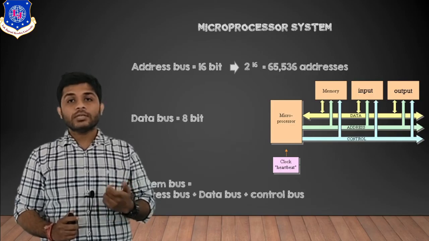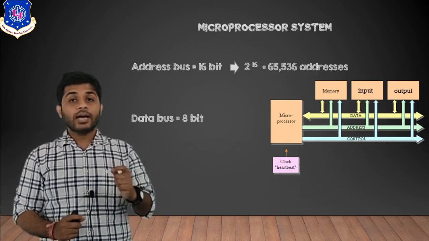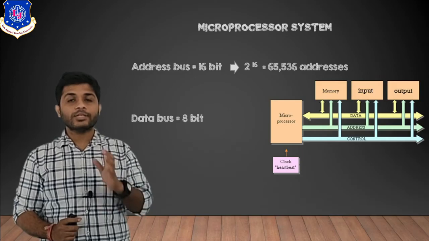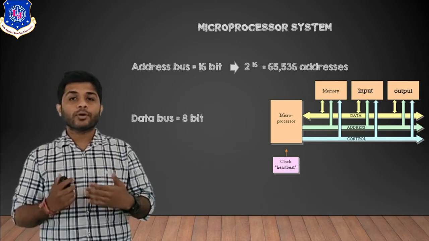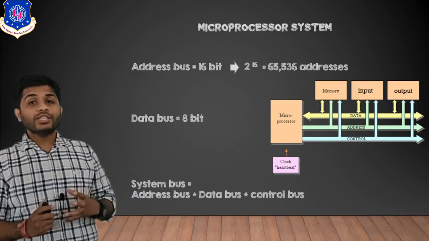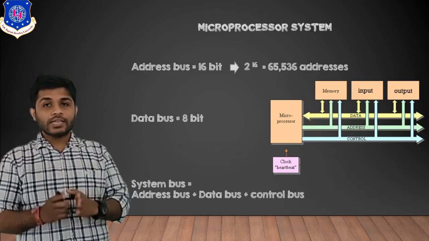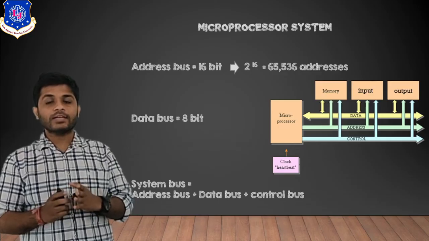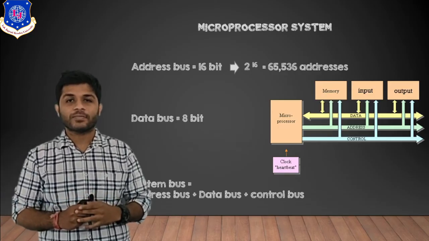The last bus is known as the control bus, and using the control bus the processor will send different control signals. And the combination of the address bus, data bus and the control bus together is known as the system bus.